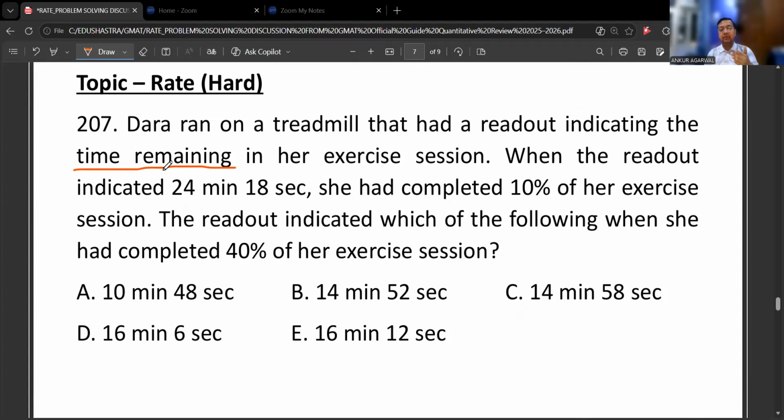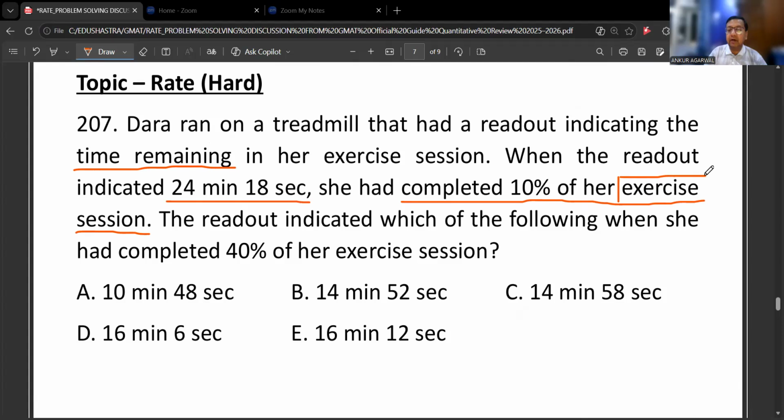So this is basically working in a reverse order, right? When the readout indicates, okay, there is some time given to me, 24 minutes and 18 seconds. Okay, she had completed 10% of her exercise session. Okay, exercise session, right? So see this, the catch point is here.